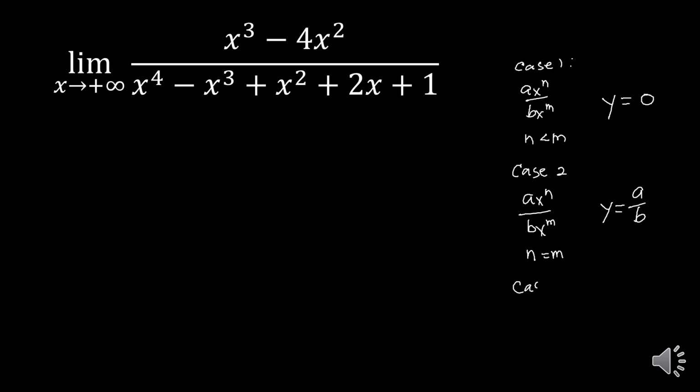For case 3, on the horizontal asymptote, we have ax to the power of n over bx to the power of m, wherein our n is greater than m. We don't have an asymptote here, so literally our y does not exist.